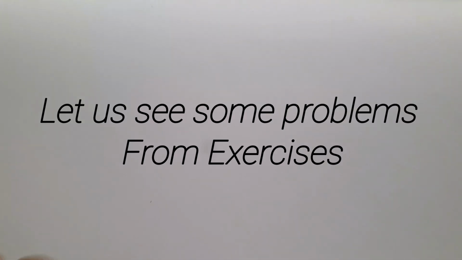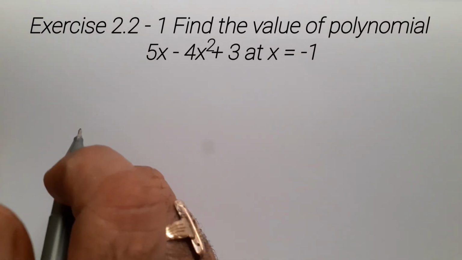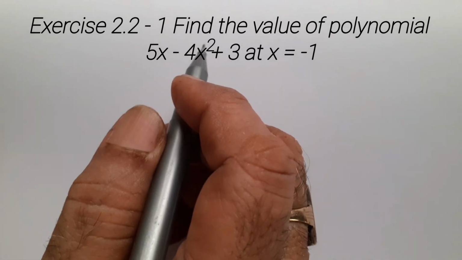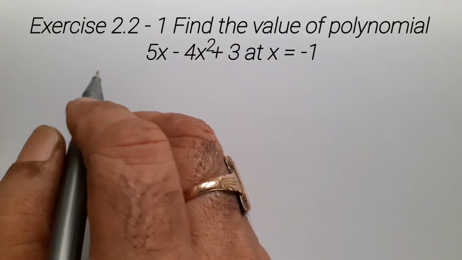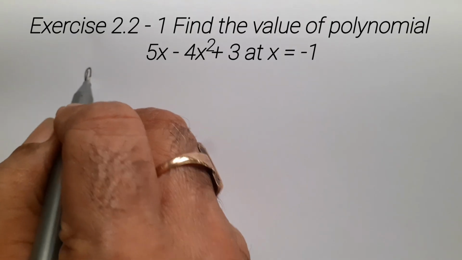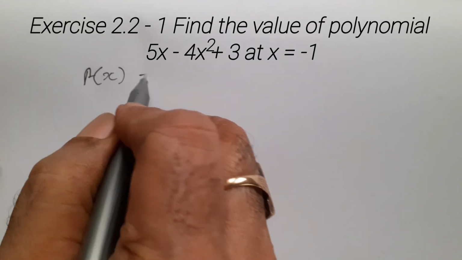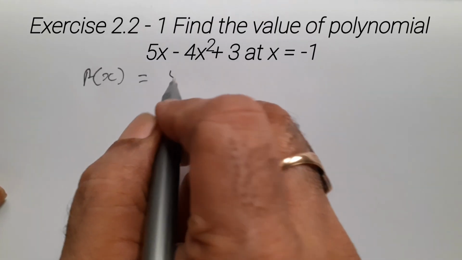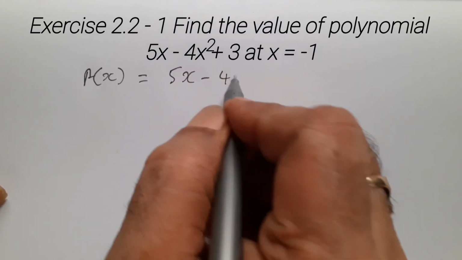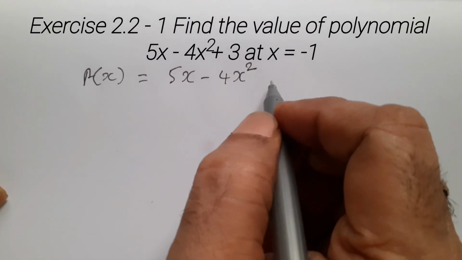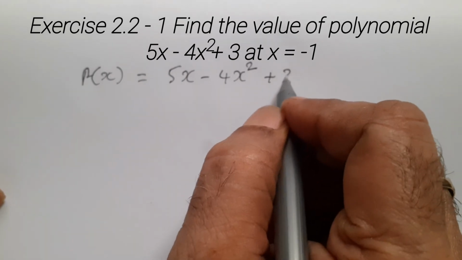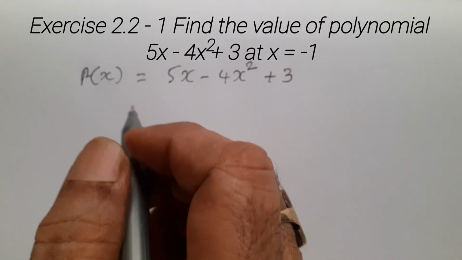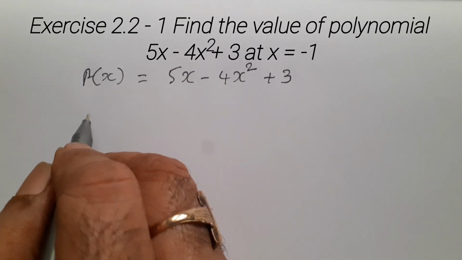Now let us see some problems from the exercise. Find the value of the polynomial 5x minus 4x square plus 3 at x equal to minus 1. First you take the given polynomial, P of x equal to 5x minus 4x square plus 3. We have to find the value of this polynomial at x equal to minus 1.